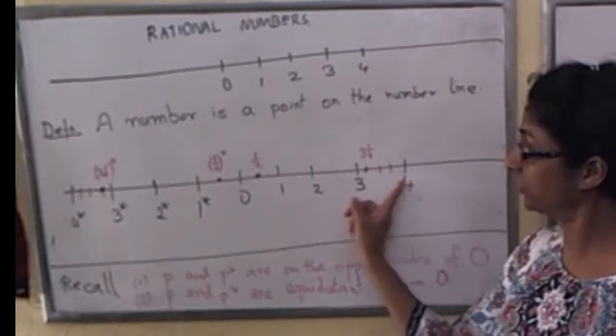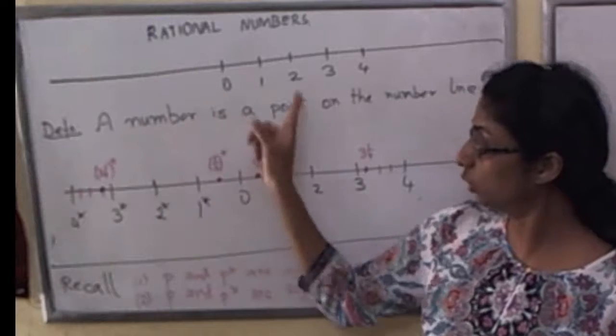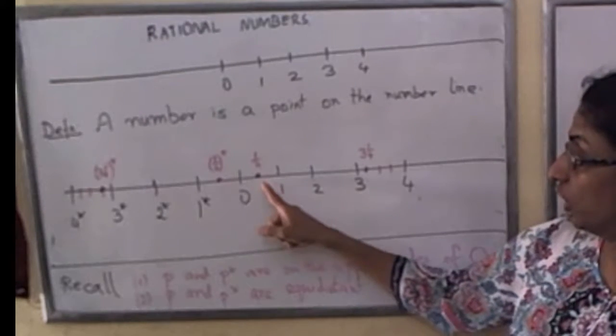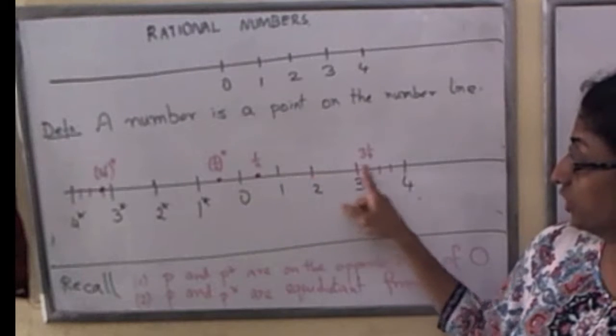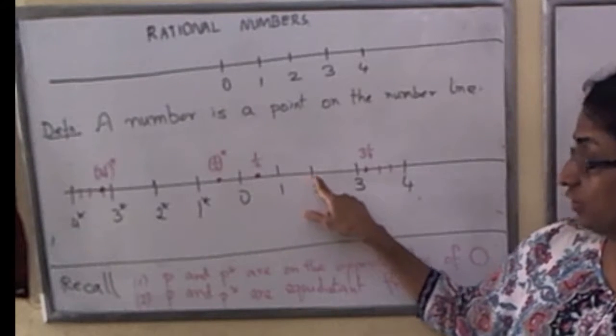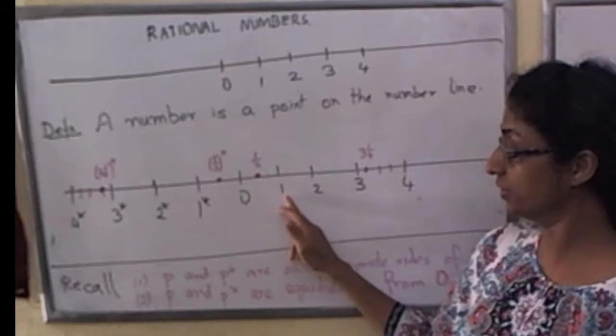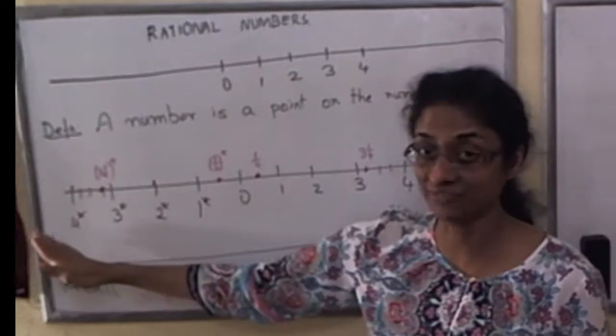So here I have drawn the number line once again, and what I notice is on the right hand side of the number line we have these points which are labeled by 1, 2, 3, 4, and now I look at the mirror reflection of those points on the left hand side.